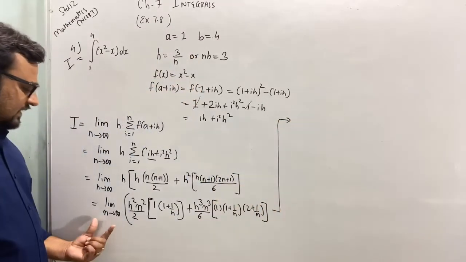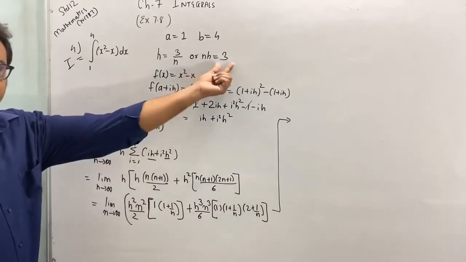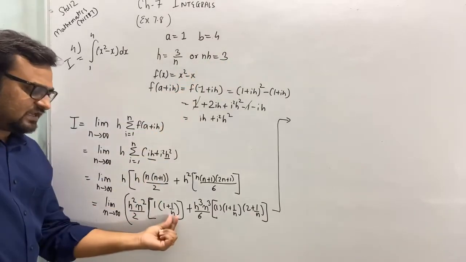So now solving it, I'm putting the value of nh is equal to 3, and putting the limit n tending to infinity, 1 by n will be 0.